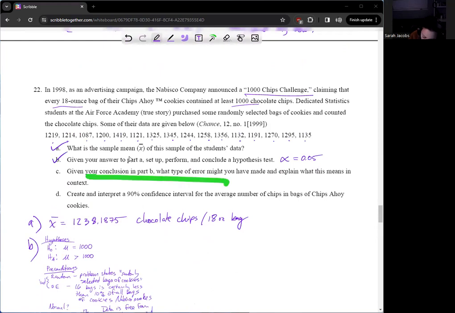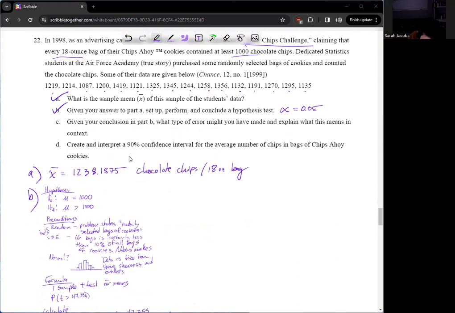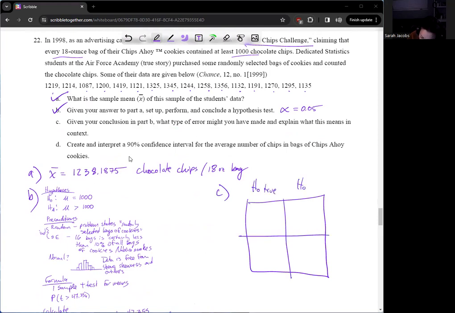Given your conclusion in part B, what type of error might you have made and explain what this means in context? Okay. Here's our error box. This is when the null is true. This is when the null is not true. This is when P is below alpha, so we reject.